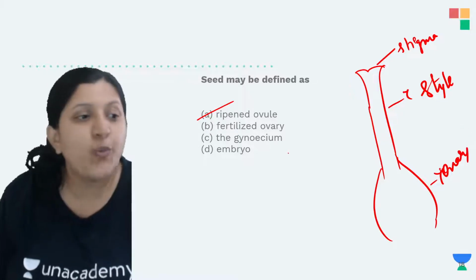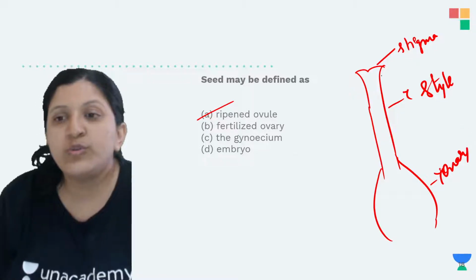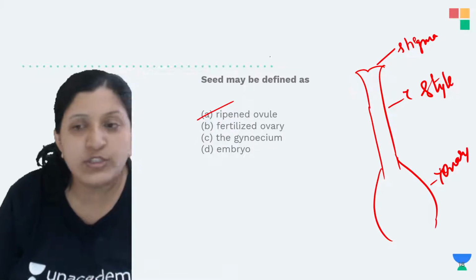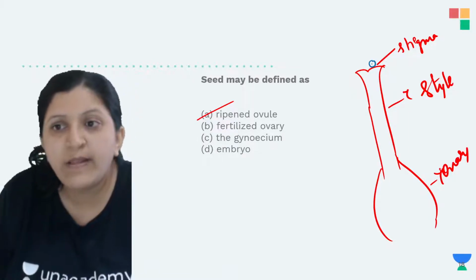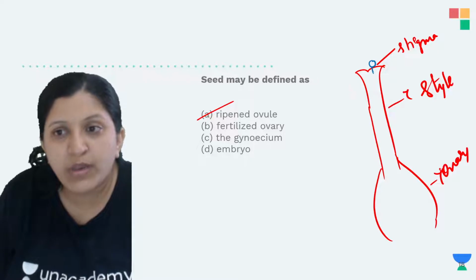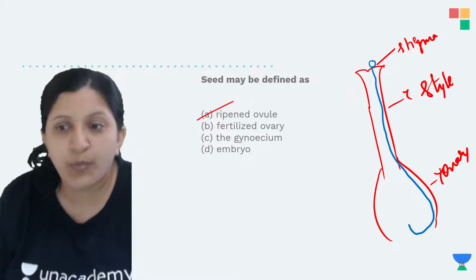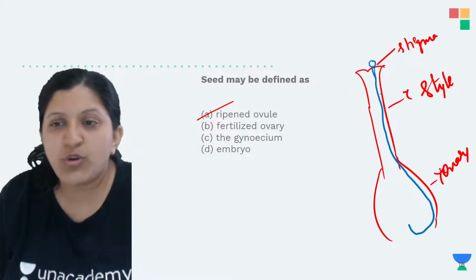Once this is done, there is the germination of this particular pollen grain. The pollen grain will germinate and start forming a tube which will later enter through the micropylar opening. We will just draw two of them here.